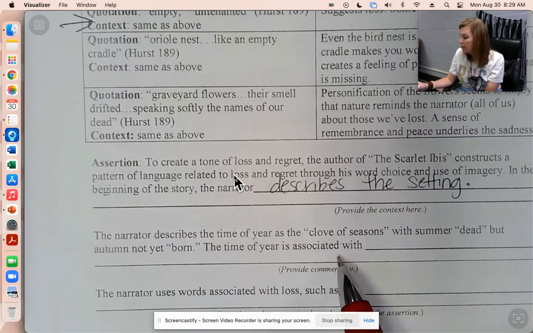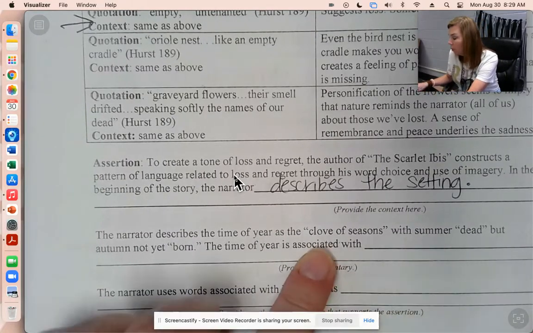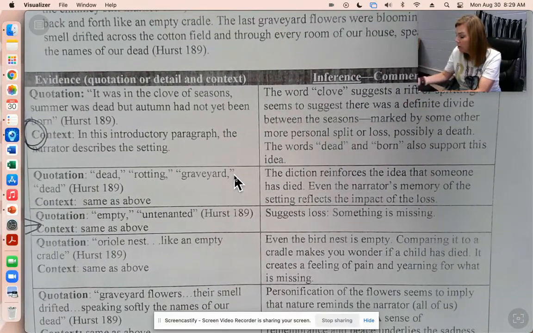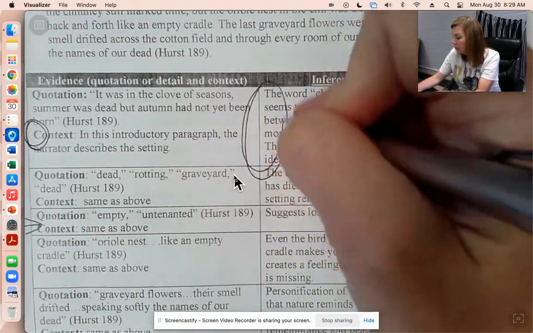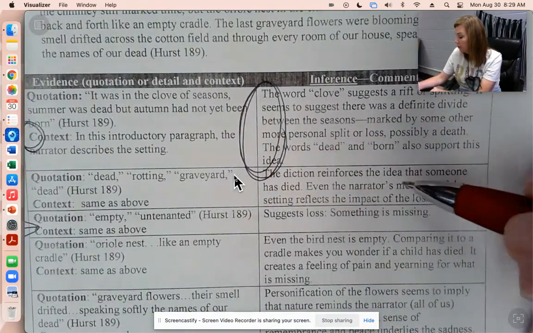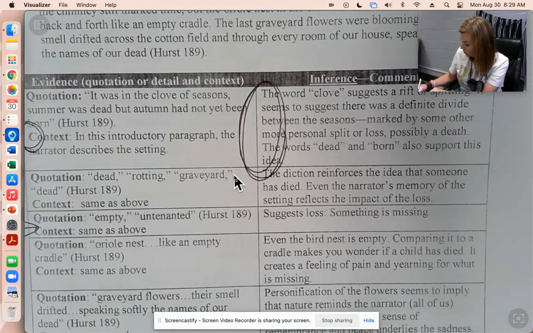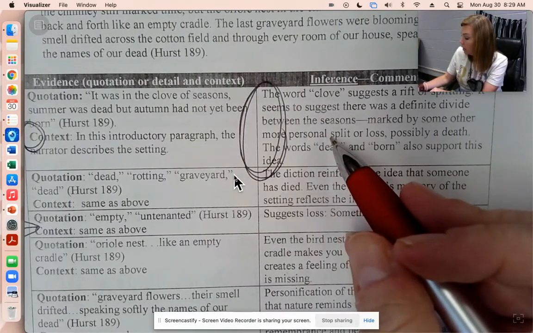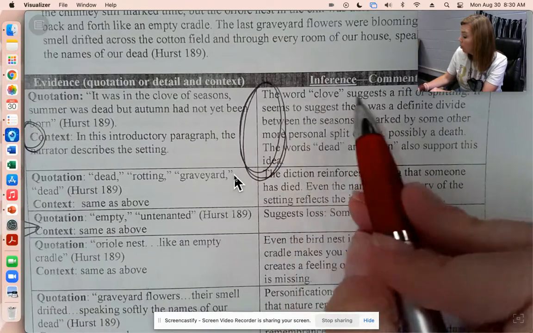This time of year is associated with, we've got to go to where they use those quotes, which is the first one. And we're going to use the commentary right here, all of it, where it says the word clove.